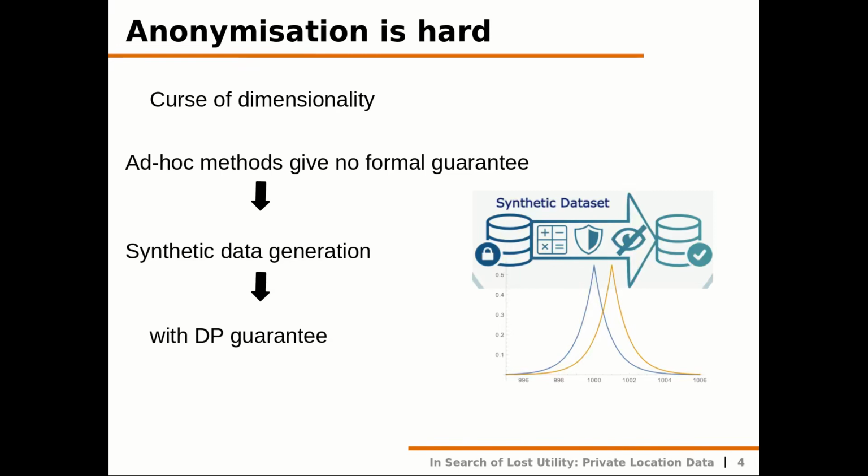The re-identification happens after ad hoc methods quite often, and you can't guarantee anything. So there is a solution of generating synthetic data in a privacy-preserving way, for example with a differential privacy guarantee, because it gives you a formal guarantee.